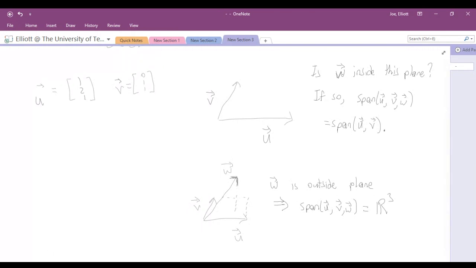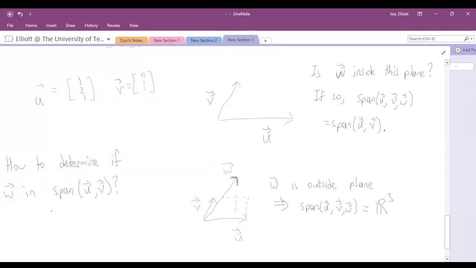All right, but then we still need to ask the question: how to determine whether W is in the plane determined by U and V?